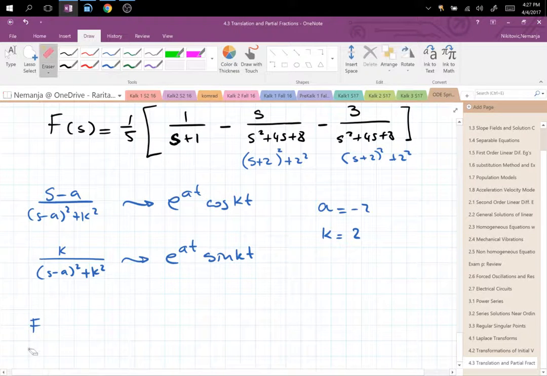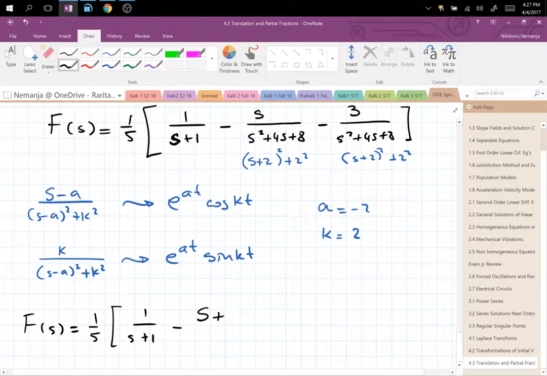The next step is to write F of s. F of s is equal to 1/5 times 1 over s plus 1. That's just e to the negative t. But the next one I write as s plus 2 minus 2, I need that, divided by s plus 2 squared plus 2 squared.